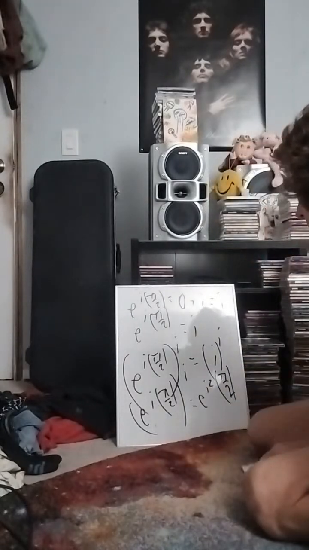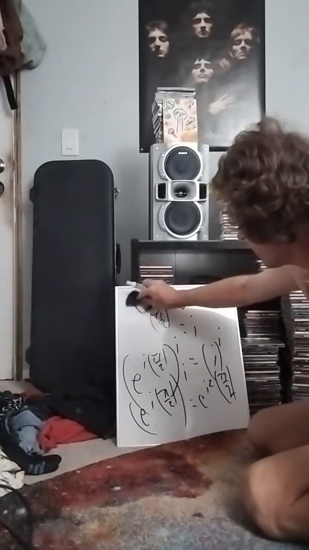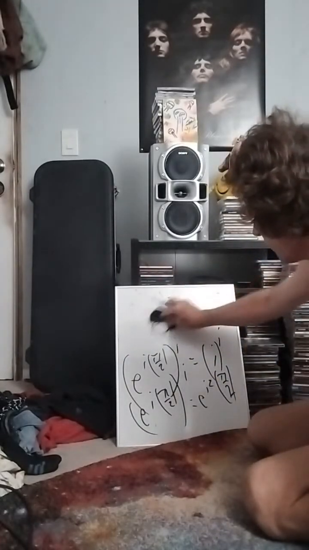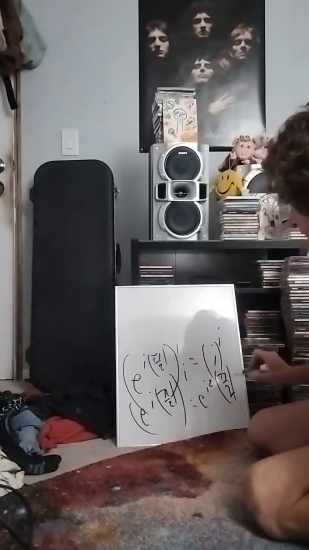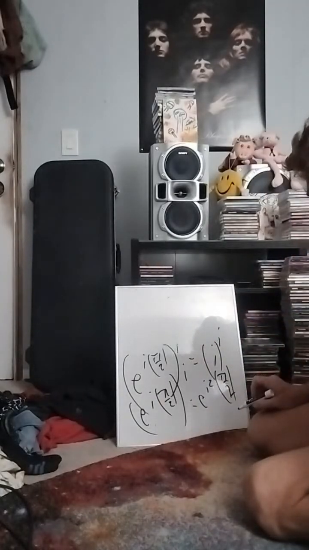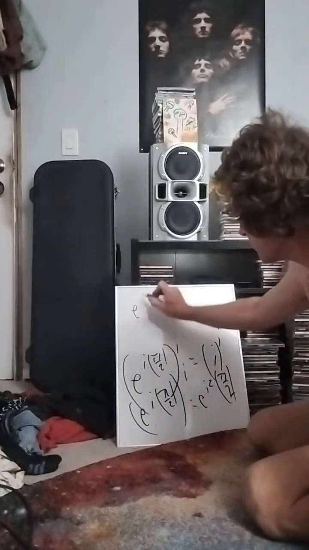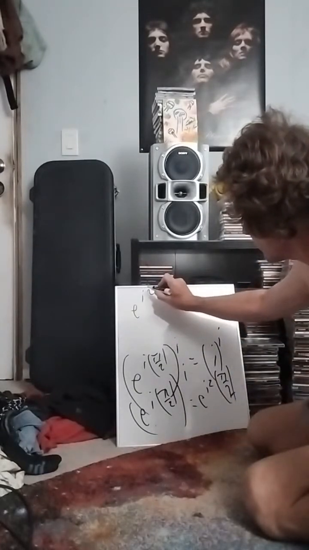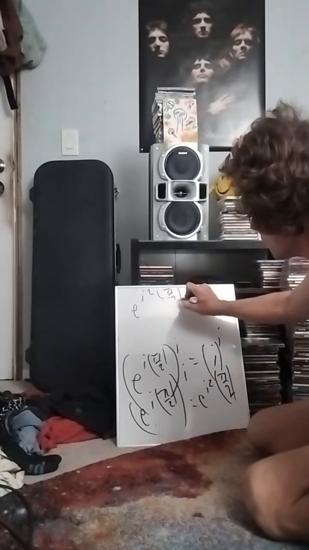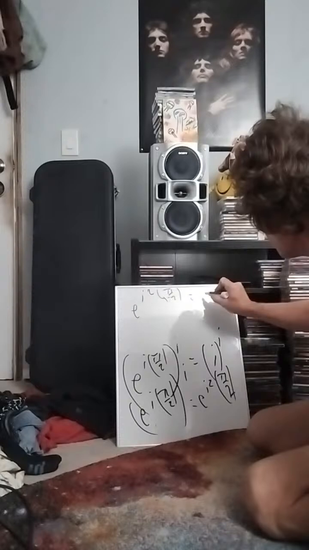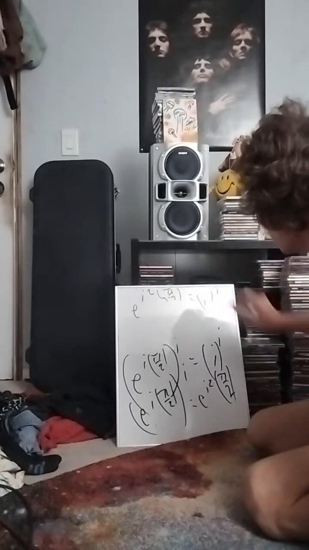So that means e to the i squared pi over 2 equals i to the i.